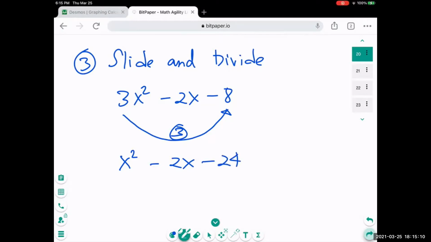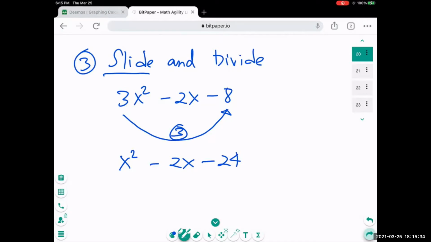Right? So, ngayon, na-slide na natin yung 3. Kaya meron tayong slide doon sa ating method. Because we're sliding 3 papunta dun sa negative 8 to multiply it to that third term. So, meron na tayong x squared minus 2x and minus 24.